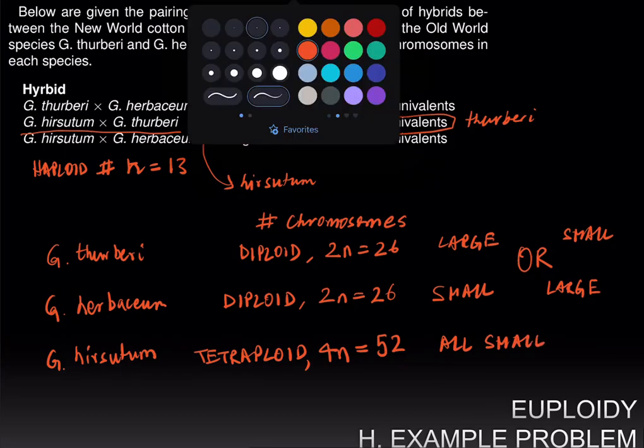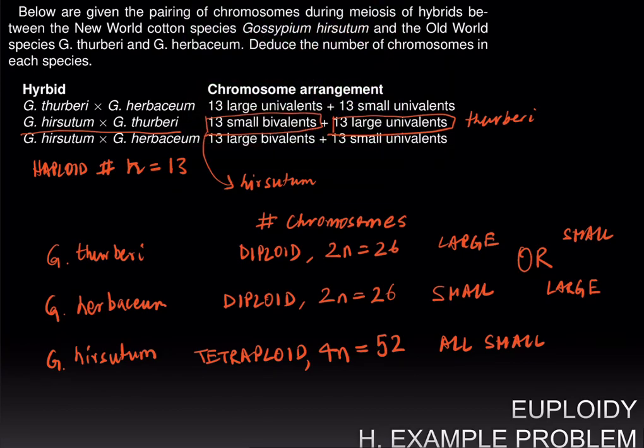But we notice then that in the third cross between Hirsutum and Herbaceum, if the large chromosomes are from Thurberry, the small univalents must be from Herbaceum, so that the 13 large bivalents are derived from Hirsutum.